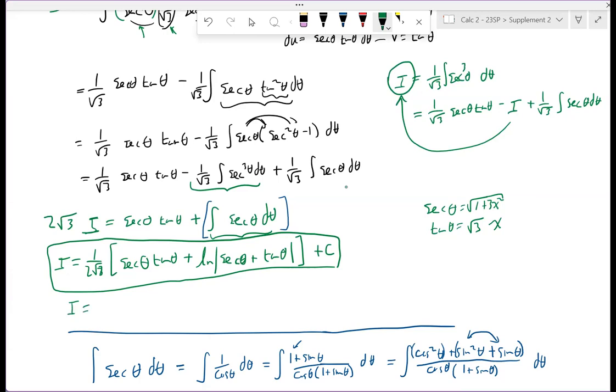All right, so to completely bring this home, we have secant theta times tan theta plus log absolute value of secant theta plus tan theta plus c.